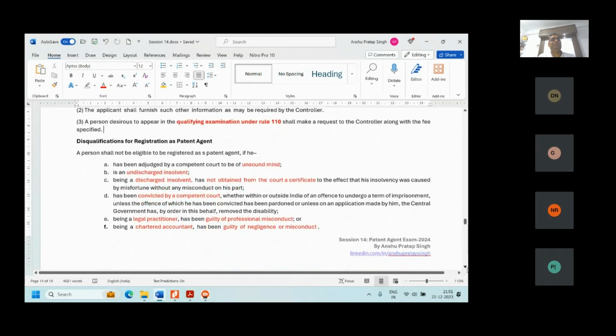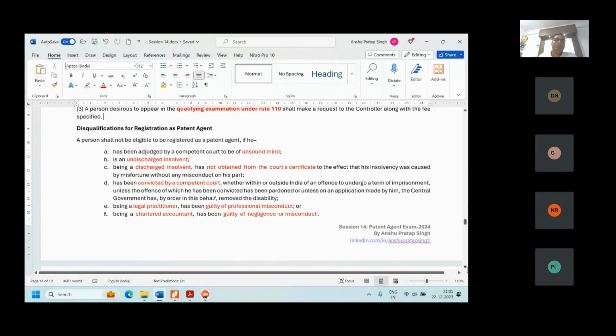Then comes disqualification for registration as a patent agent. Same as what we have discussed. Adjudged by a competent court to be of unsound mind. You are an undischarged insolvent, or a discharged insolvent who has not obtained the court's certificate that your insolvency was caused by misfortune, not by your misconduct.